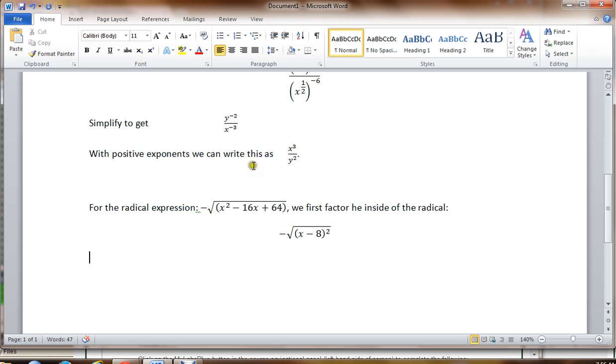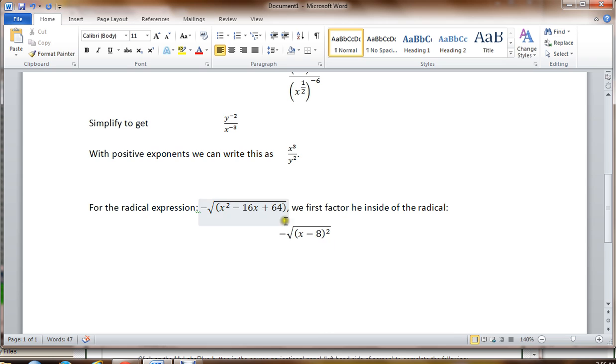Now, I'm going to just ignore the minus sign for a minute and look at the radical, the square root of something squared. The square root of x squared is not actually equal to just x, it's equal to the absolute value of x, because when you take a negative number and you square it, it becomes positive, and then when you take the square root of that, you always get just the positive square root back.